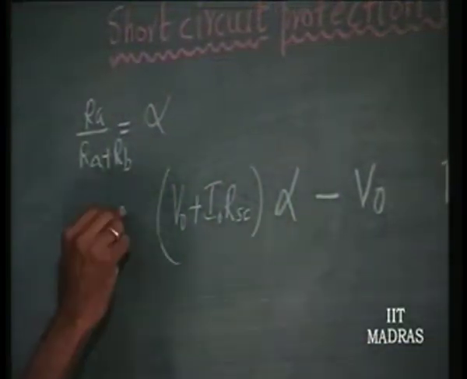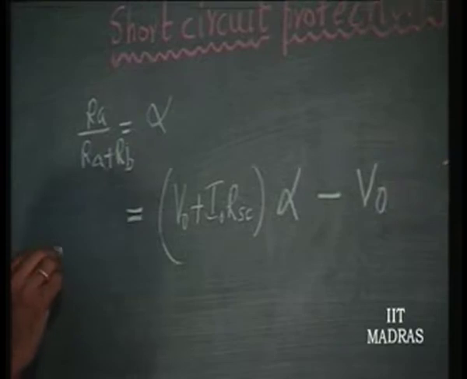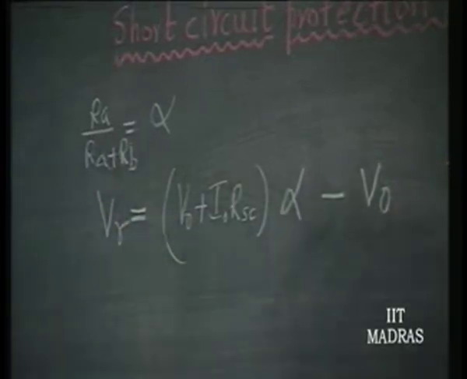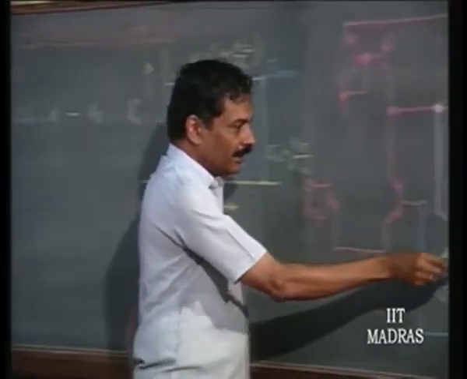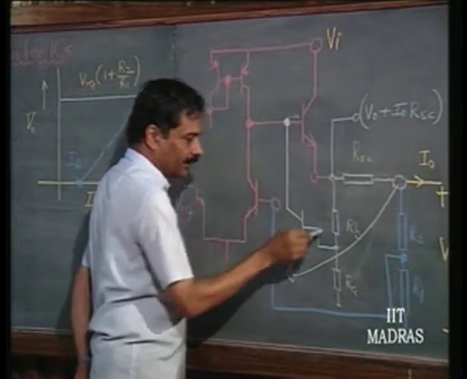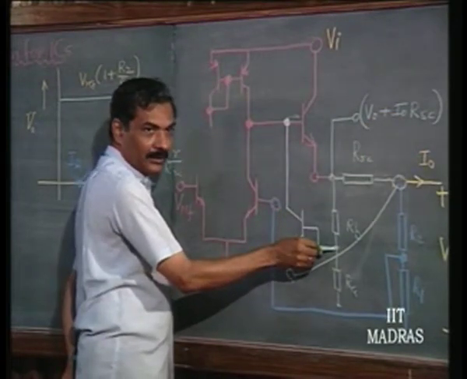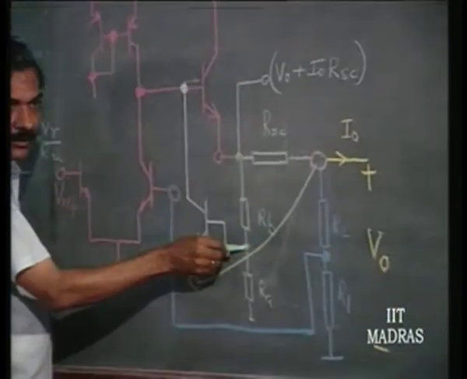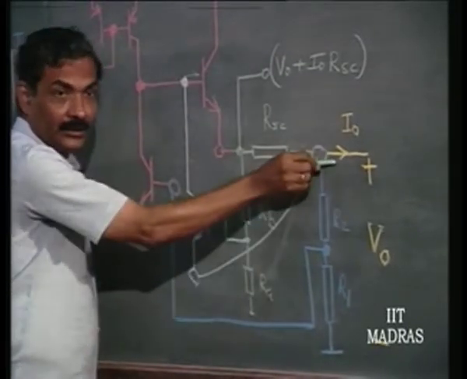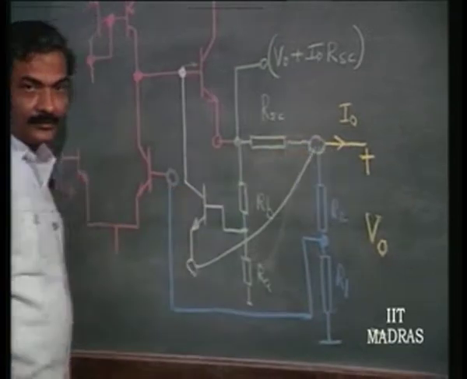Okay. That should be made equal to what? V gamma, that is nothing but VBE. So, please once again see RA by RA plus RB of V naught plus I naught RSA is the voltage here, which is alpha times V naught plus I naught RSC minus V naught.